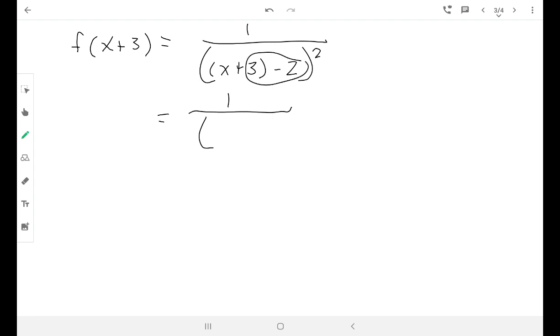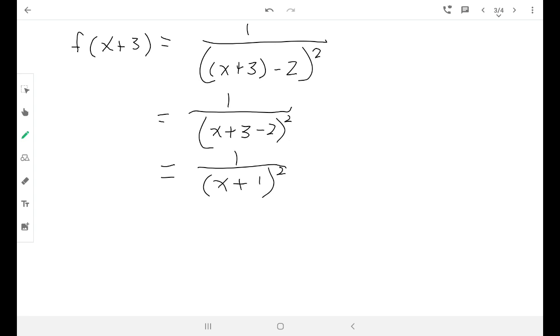I don't really need the inner parentheses, and I can put together 3 minus 2, so it can look like this. x plus 3 minus 2, and that's all squared. So it's 1 over x plus, and then 3 minus 2 is 1. So it's x plus 1 all squared.